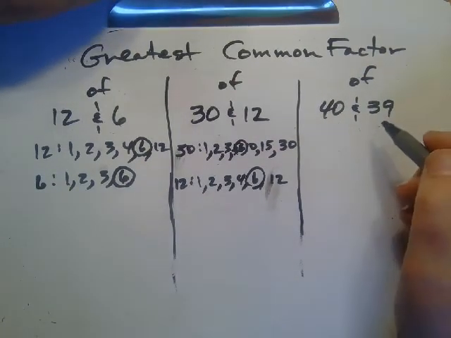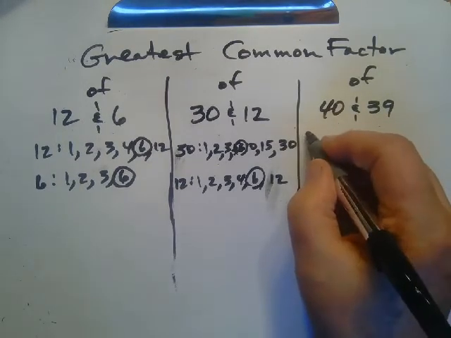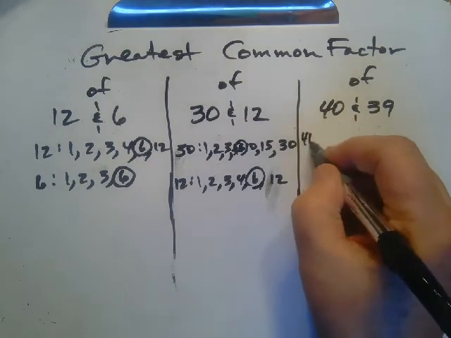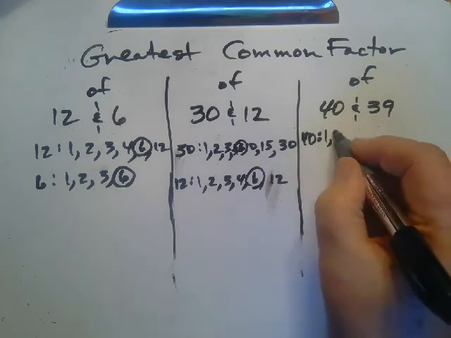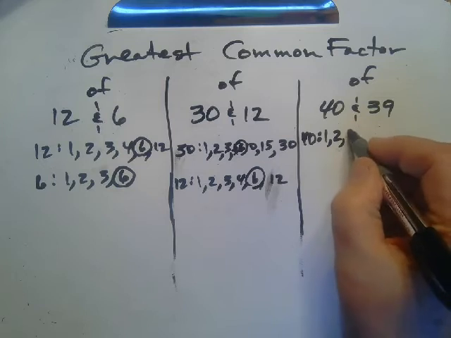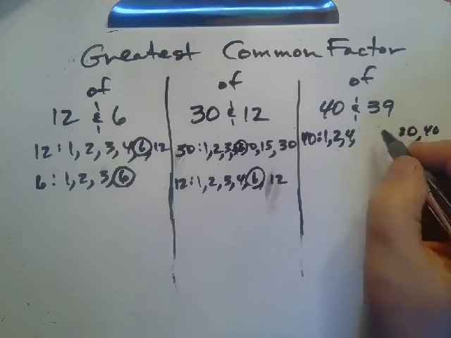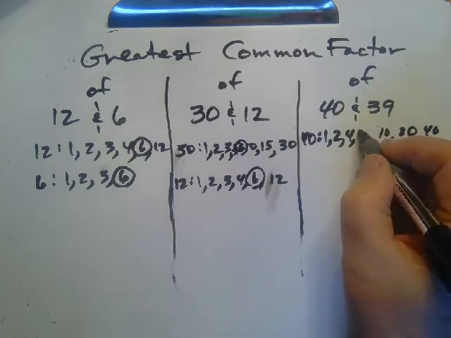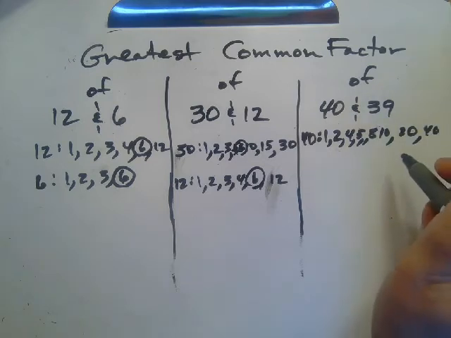How about this one, the greatest common factor of 40 and 39? Sometimes it doesn't have a common factor other than 1. 1 goes in 40, 2 goes in 20, 3 doesn't go in, 4 goes in 10, 5 goes in 8, 6 won't, 7 won't.